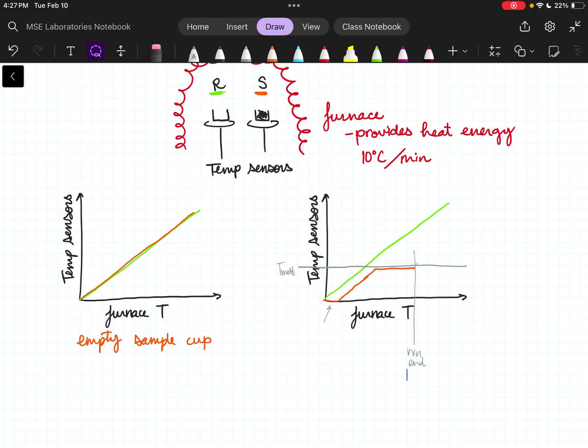You'll notice that I have this very big temperature discrepancy between the furnace temperature, way up here, or the reference temperature, which is basically the same as the furnace temperature, and my sample temperature, way down here. So very rapidly, the sample is going to increase in temperature, and then it's going to resume its linear path upward. Okay.